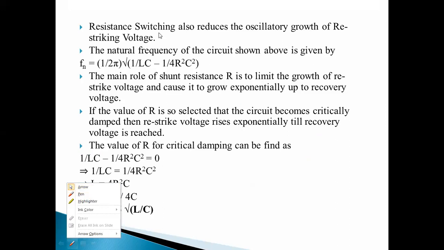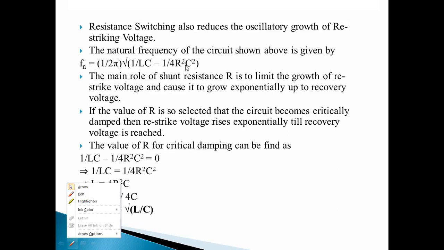That is resistance switching. And the natural frequency of this circuit is given by Fn = 1/2π × square root of (1/LC − 1/4R²C²). So remember this equation. And the main role of shunt resistance is to limit the growth of restriking voltage and cause it to grow exponentially up to recovery voltage.